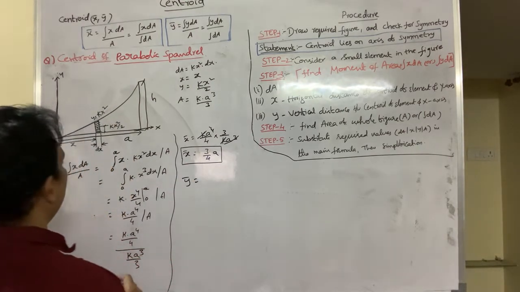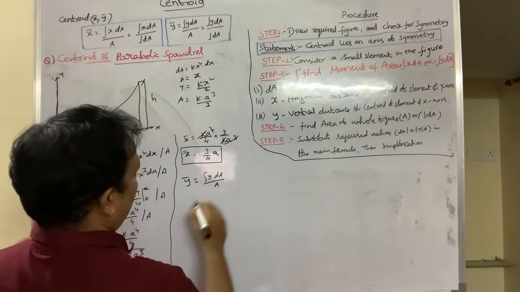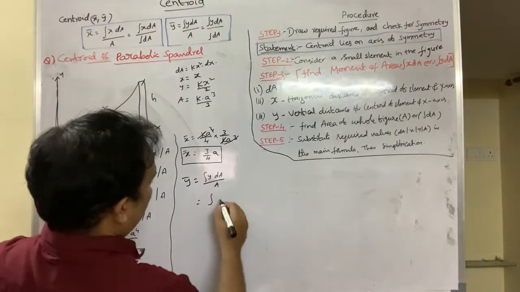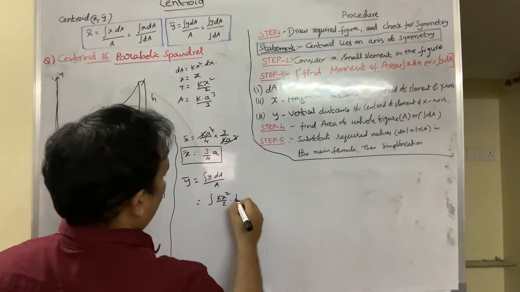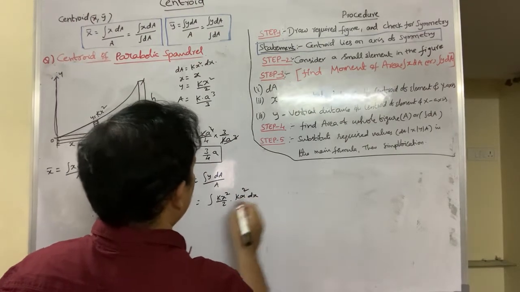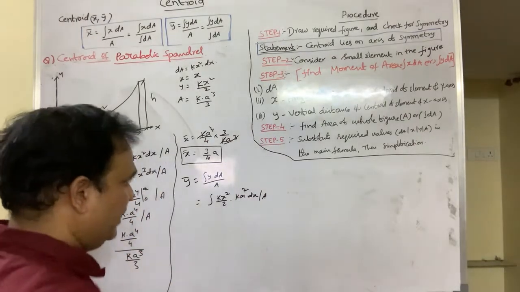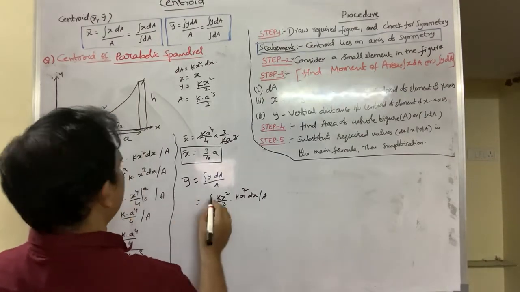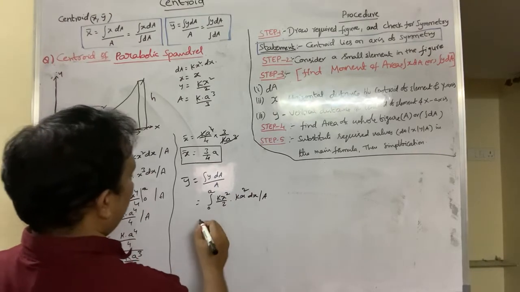And next, we need to find the y bar value, where y bar is equal to integration y dA by A. What is y? Y means kx square by 2, into dA, which is kx square dx, by A. Here this is in terms of x, so the limits also correspond to x, that is 0 to a.